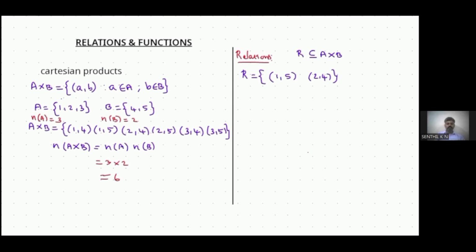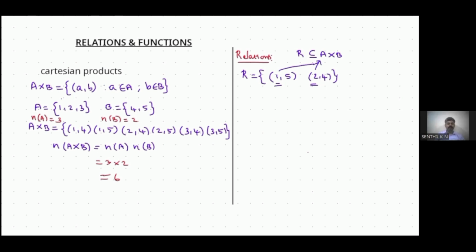Every pair should be checked: the first element of each pair, here 1 and 2, should be an element of the first set A. Here A has the elements 1, 2, 3. Like that, we check the second element of each pair.